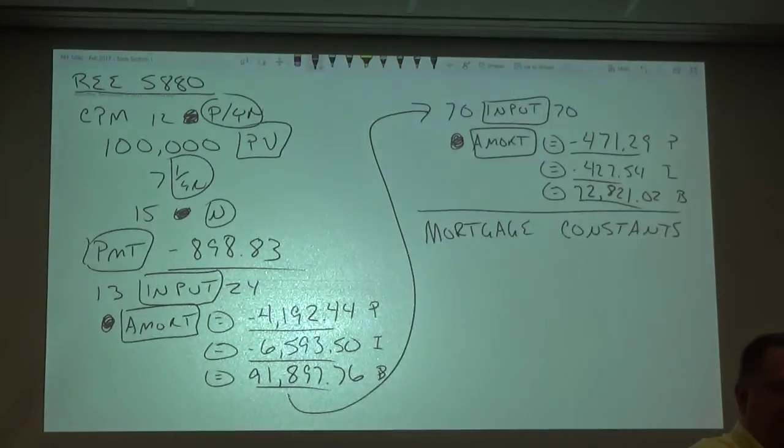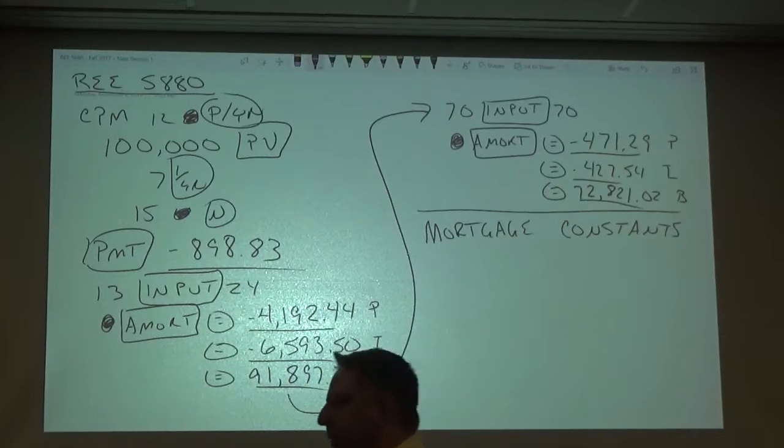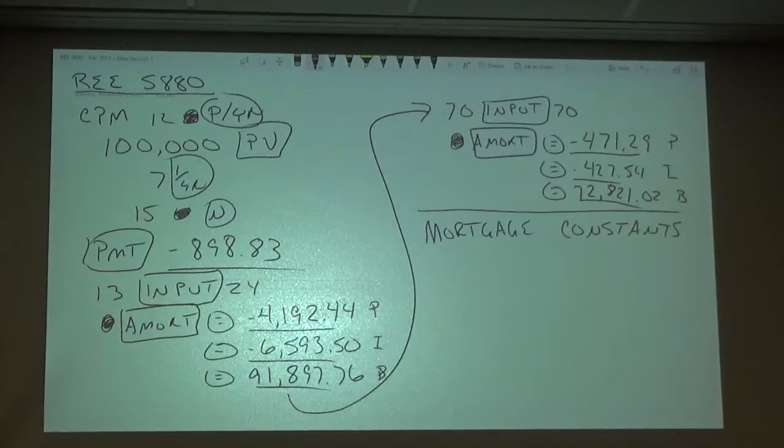Does everybody hear what I just said? In other words, the monthly mortgage constant times the loan amount equals the monthly payment.